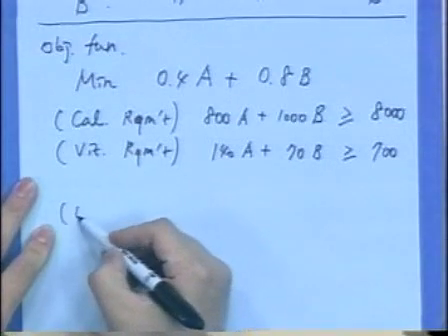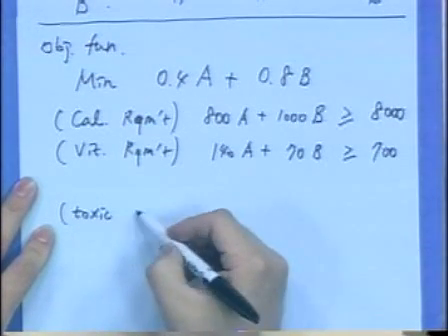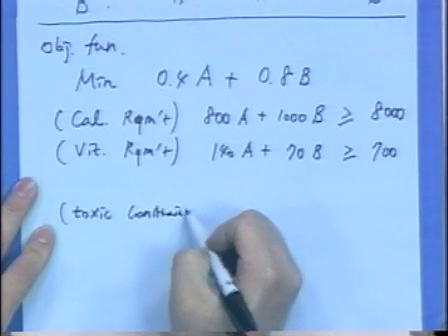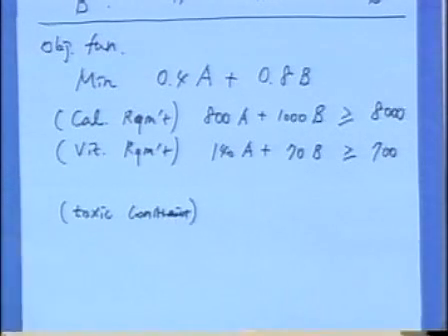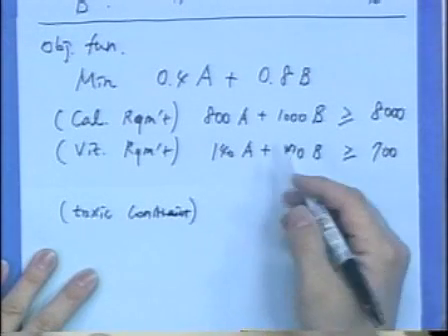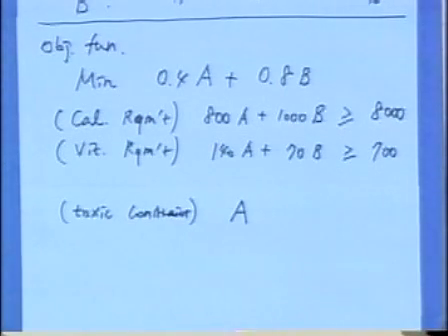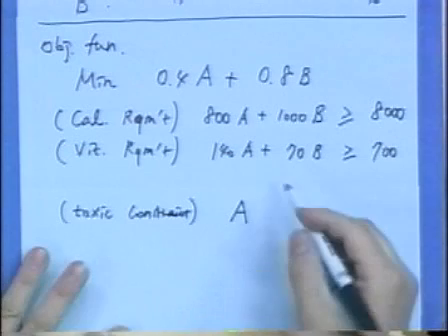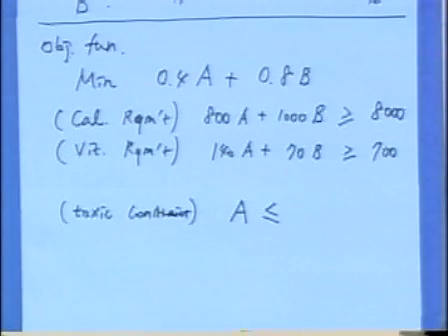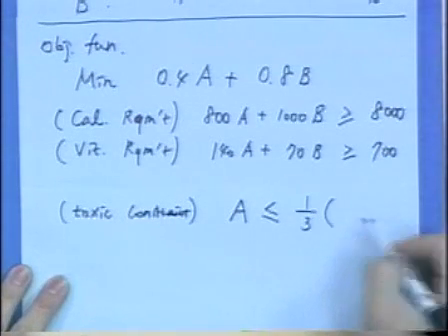Let's name it the toxic constraint, okay? So A should be less than equal to what? 1/3 of what?